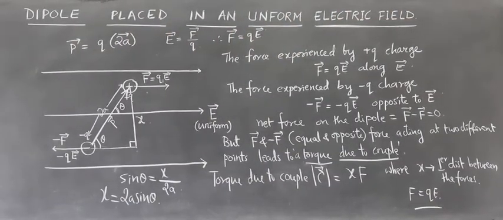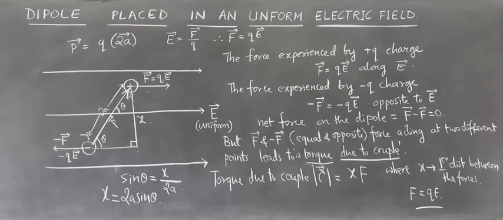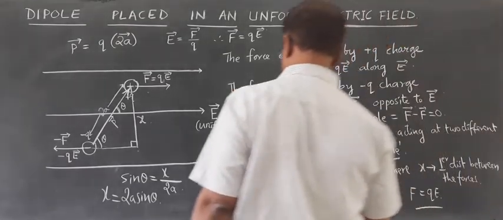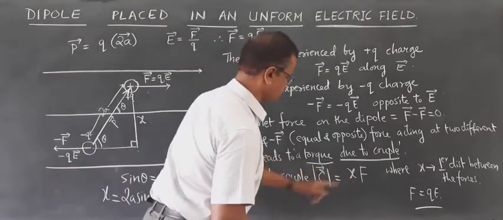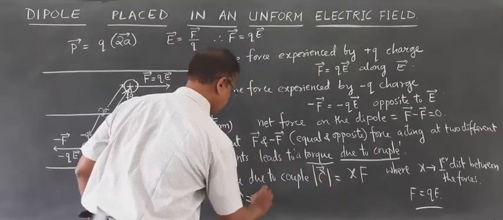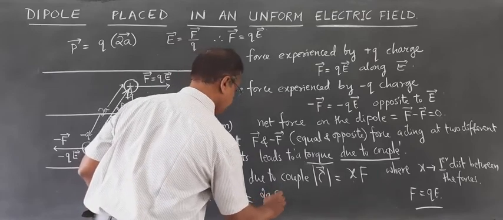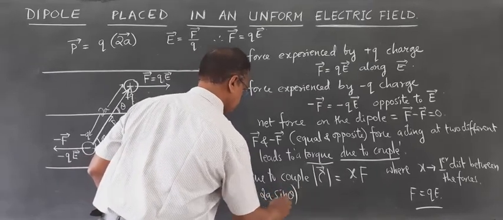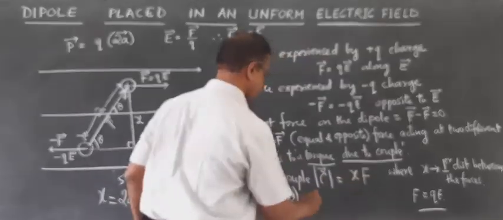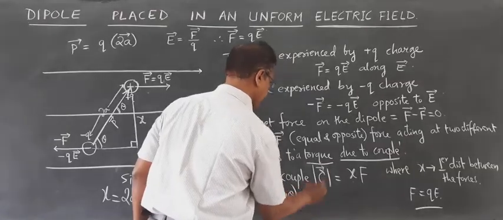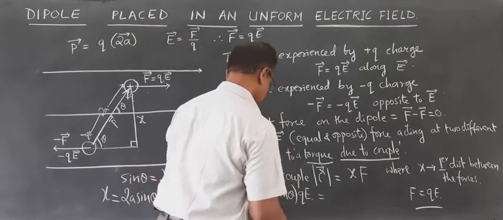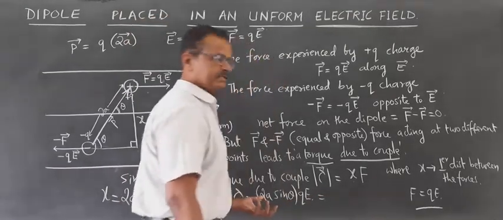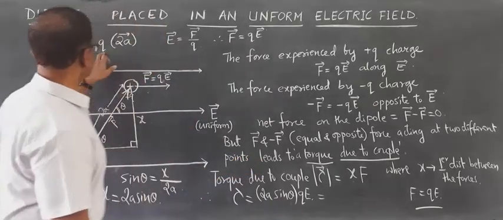Now I can write the value of x in this equation. Therefore, torque tau equal to x, x becomes 2a sin theta, into F. F is QE. So I can rewrite this as 2aQ, because 2aQ is the dipole moment.